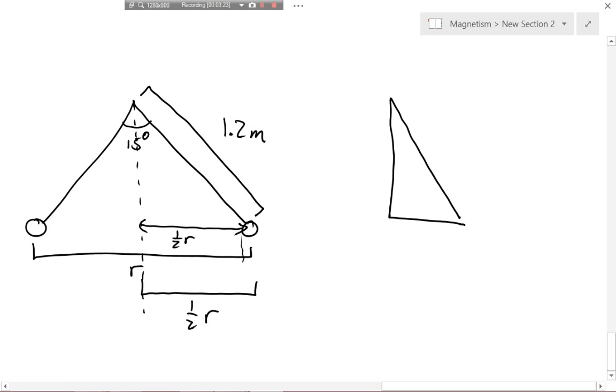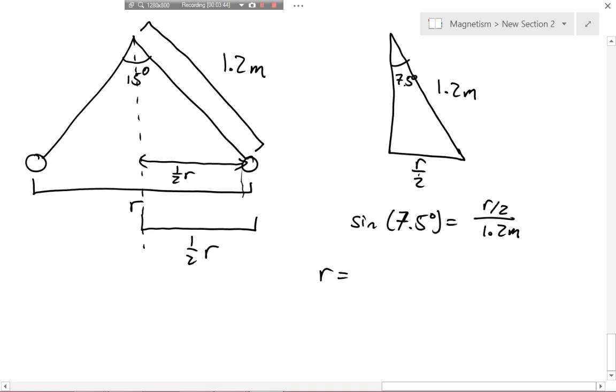This side right here is r/2. This is 1.2 meters, and this angle is 7.5 degrees. So you can see that sine of 7.5 degrees is going to equal r/2 divided by 1.2 meters. That means that r is going to be equal to 2 times 1.2 meters times sine of 7.5 degrees.